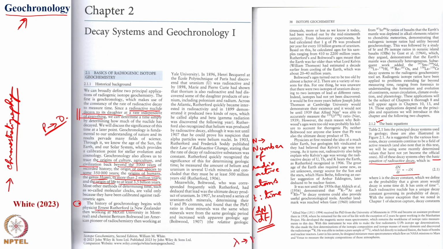Lambda is known as the decay constant. We can define the decay constant as the probability that a given atom would decay in some time dt. Lambda's unit is per unit time, t inverse. Decay constants continue to be the field of active research.